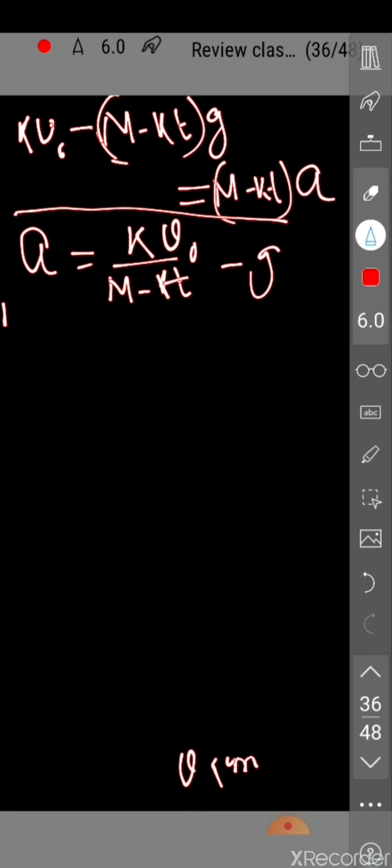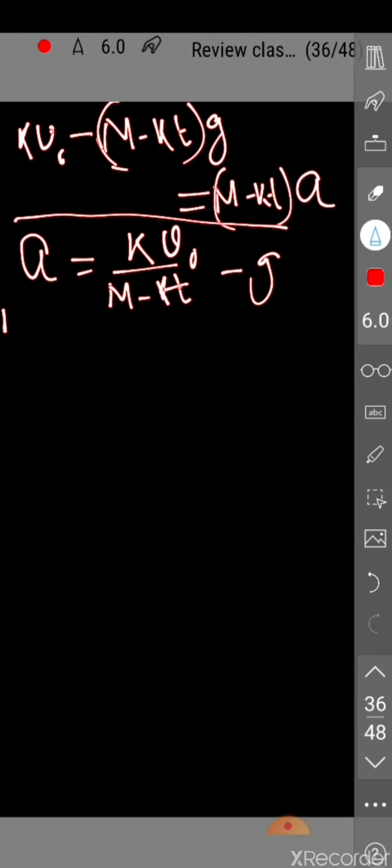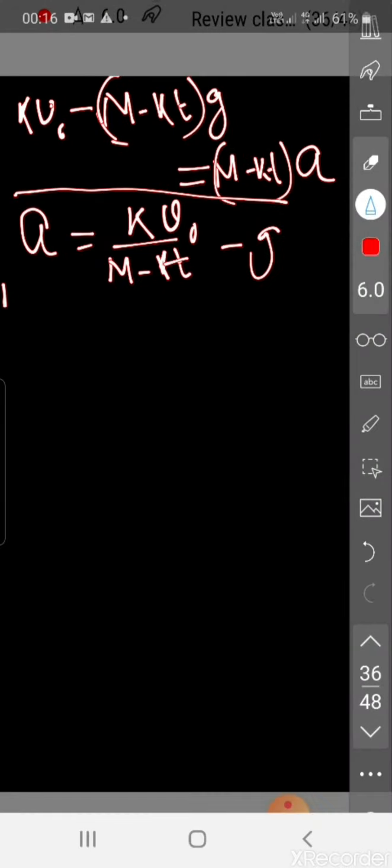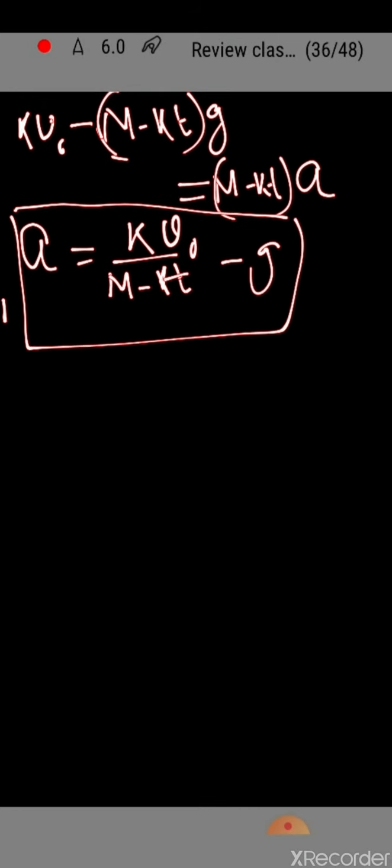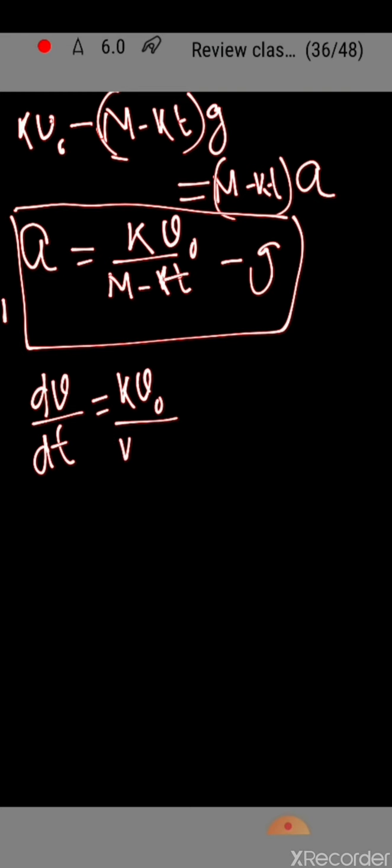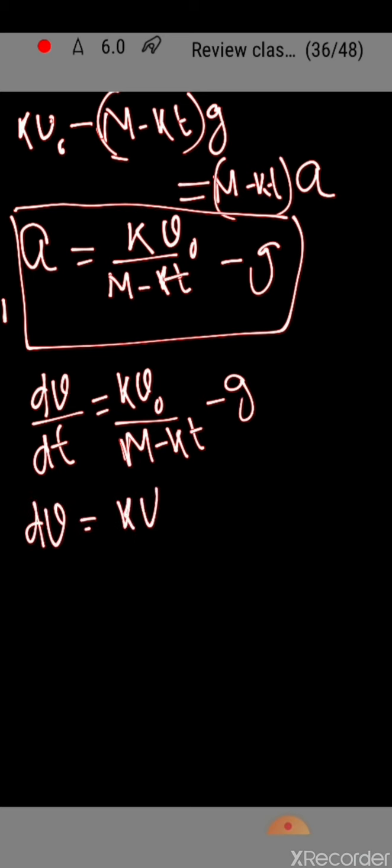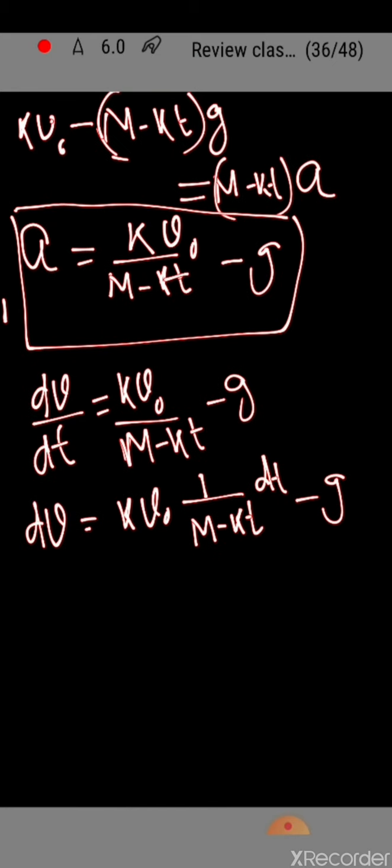Once we got the acceleration, in place of acceleration we can write dv by dt is equal to k v naught by m minus kt minus g, or dv is equal to k v naught into 1 by m minus kt into dt minus g dt. Now you have to integrate both sides.